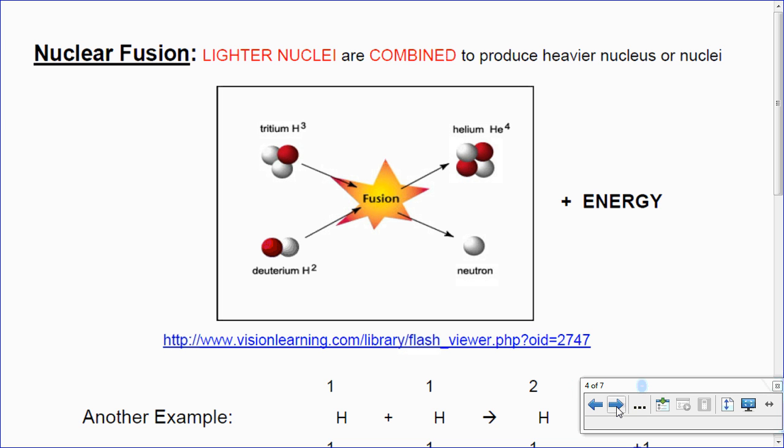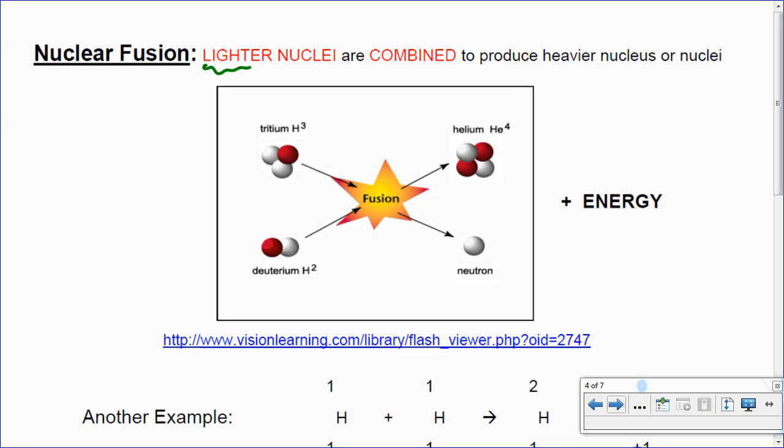Now, the opposite of fission is fusion, and this is happening in our star, which we call the sun. The sun is a giant ball of fire in the sky because of nuclear fusion. Lighter nuclei are combined to produce heavier nuclei.